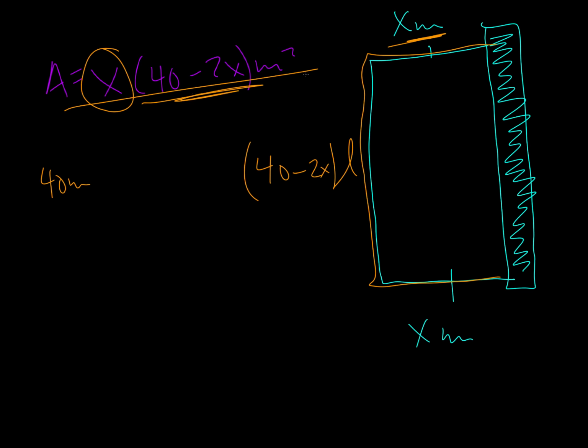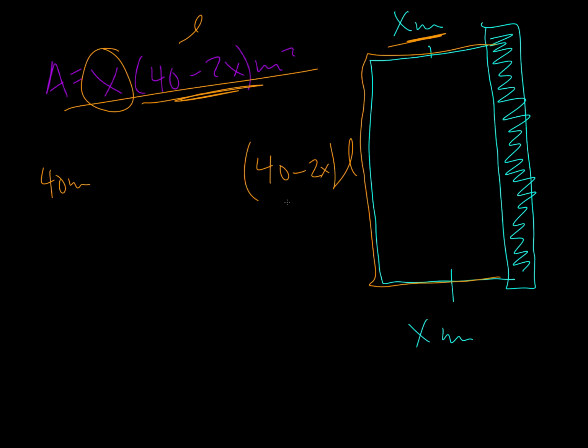So it's 40 minus 2x because the entire thing needs to be 40. So this would be 40 minus whatever this is, minus whatever this is. And those are the same thing, and we're calling them x. And so this really is just the length. So you just need to put that into words somehow and explain that this is really just length times width, and the reason why the length is 40 minus 2x.